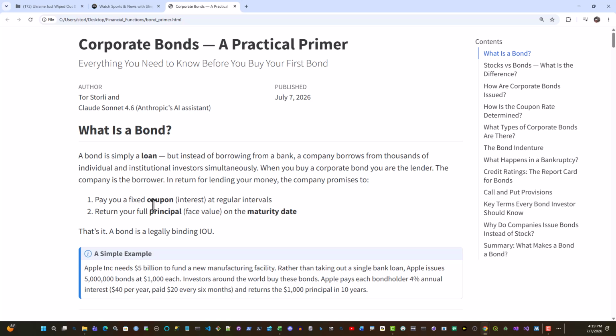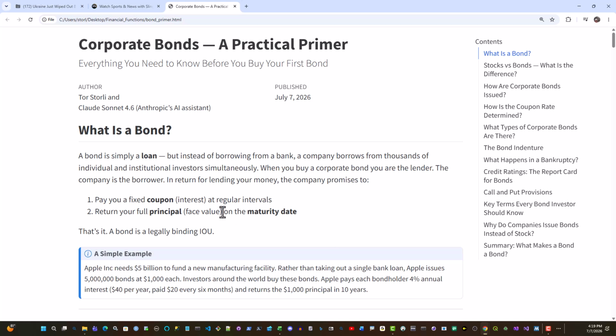Then, in addition to all those coupon payments, which are interest payments to you from that company, they will return the principal, the face value of the bond contracted at issue, meaning whatever they put into their bond contract will be the face value.